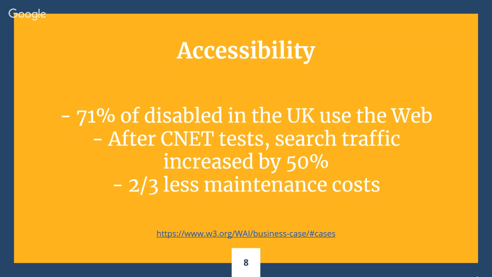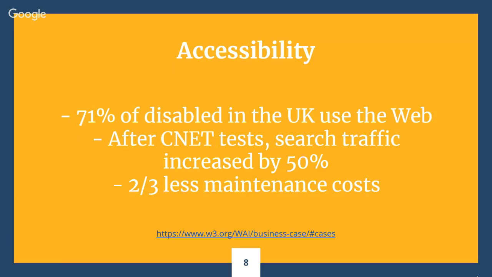Here are some of the results after introducing accessibility tests. 71% of the disabled in Britain use the web to get information on a product and to do research. Actually, after implementing accessibility tests, the search traffic in Google increased by 50%, and two-thirds of the maintenance costs were forgone.